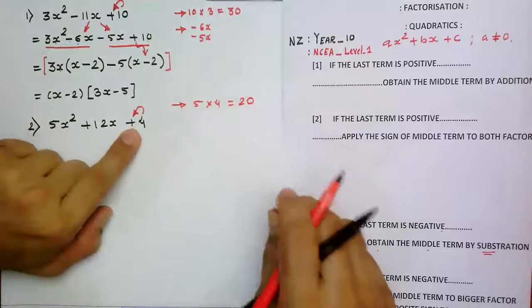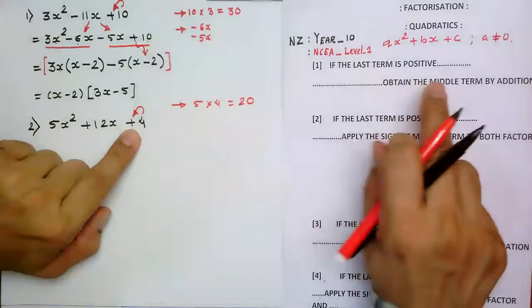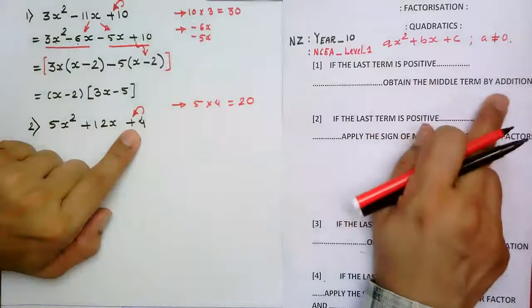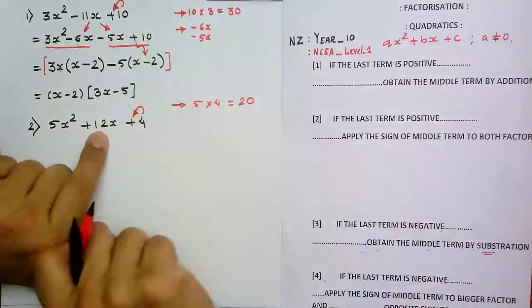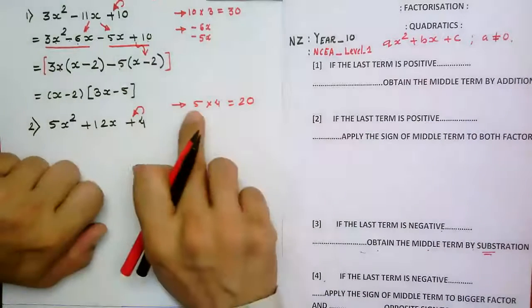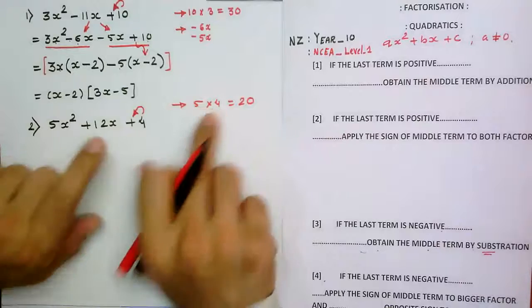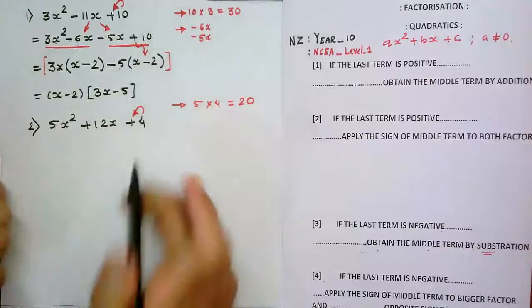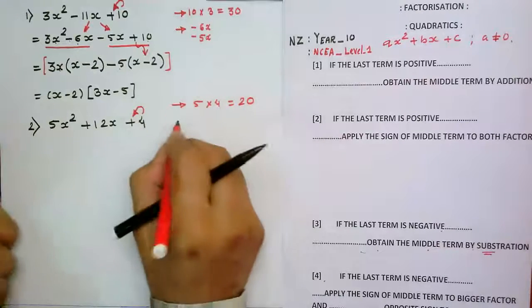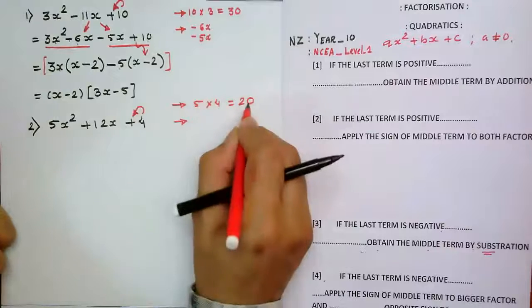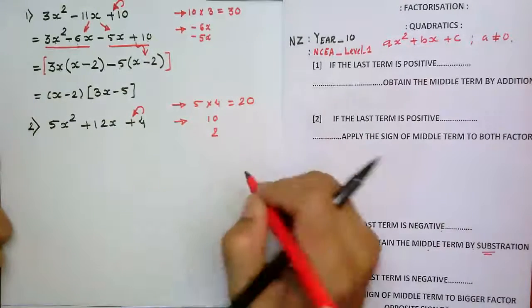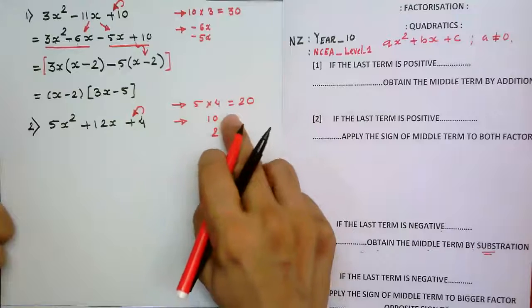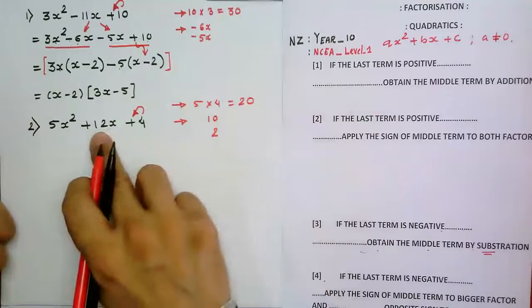Last term is positive. If the last term is positive, obtain the middle term by addition. So I have to obtain this 12 by addition. Addition of these two is 9. I want 12. Okay. Let us think of other factors of 20. 10 times 2 is 20. 10 plus 2 is 12.